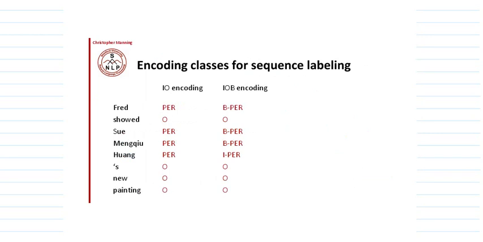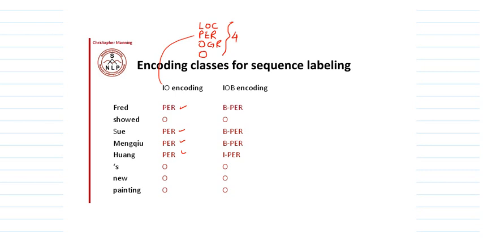One scheme is that we just use the label names of person, location, and organization, and we have this O. So we can specify all these tokens with these four labels.